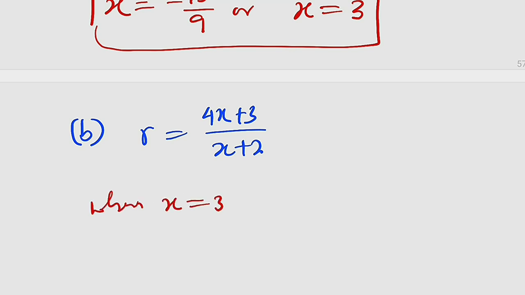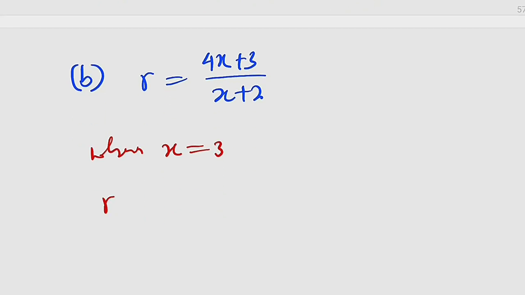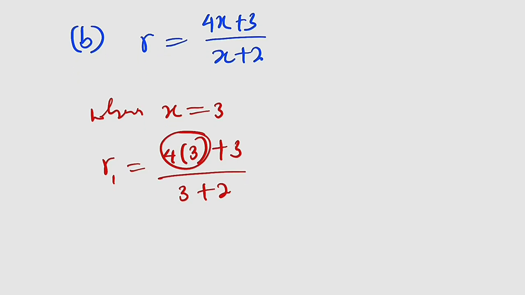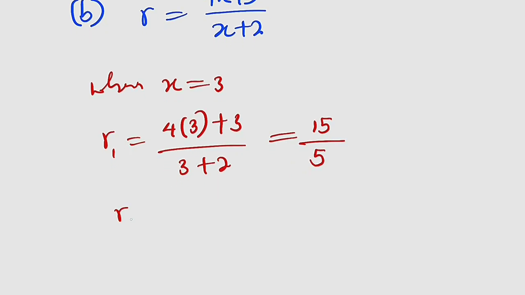When x is equal to 3, we have r1 equal to 4 multiplied by 3 plus 3, divided by 3 plus 2, right? This will be 12, and 12 plus 3 will give us 15. So this is equal to 15 divided by 3 plus 2, which is 5, and 15 divided by 5 is 3. So r1 is equal to 3.